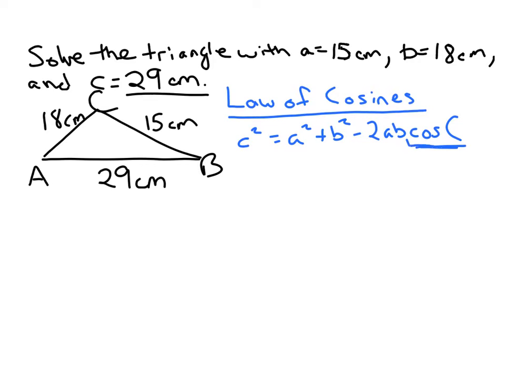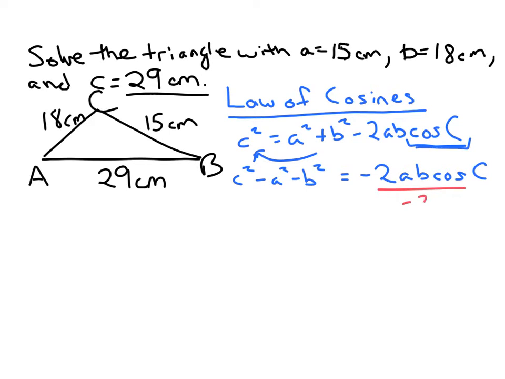So I would go ahead and isolate cosine of C by subtracting A squared and B squared from both sides, so moving these guys over. So this would be equal then to negative 2AB cosine of C. And then divide both sides by the negative 2AB.